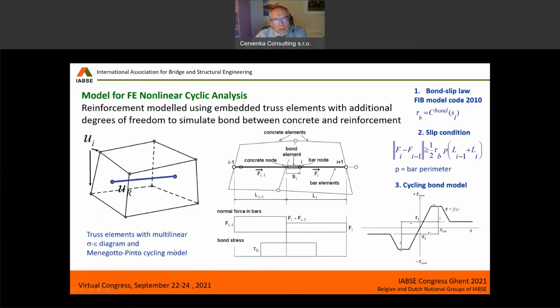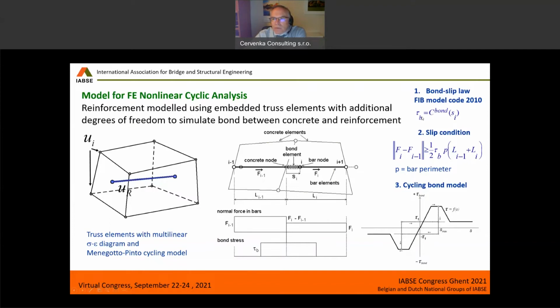It is important, of course, also to consider the bond, the possibility to lose the bond between concrete and steel. For that, we account by adding additional degrees of freedom at each reinforcement node representing slips. And then we can apply a slip law at each of these nodes.